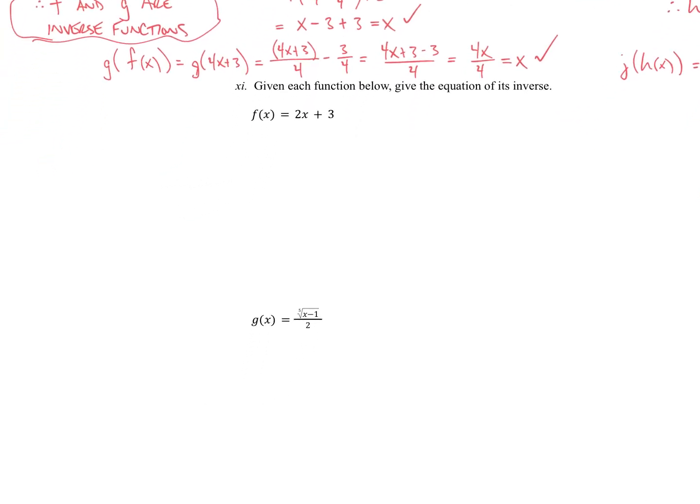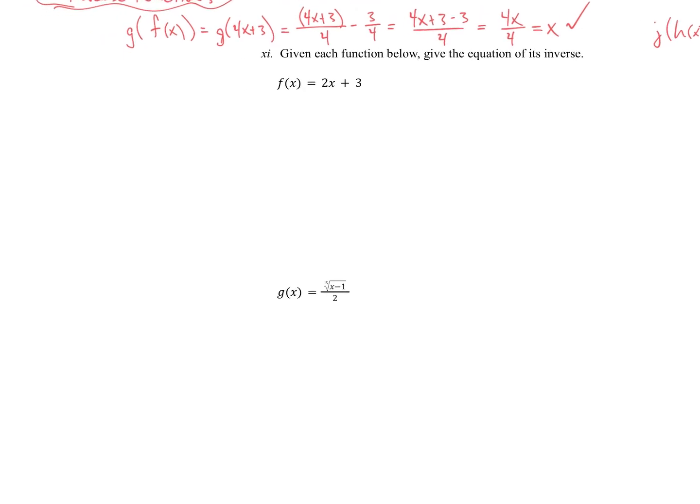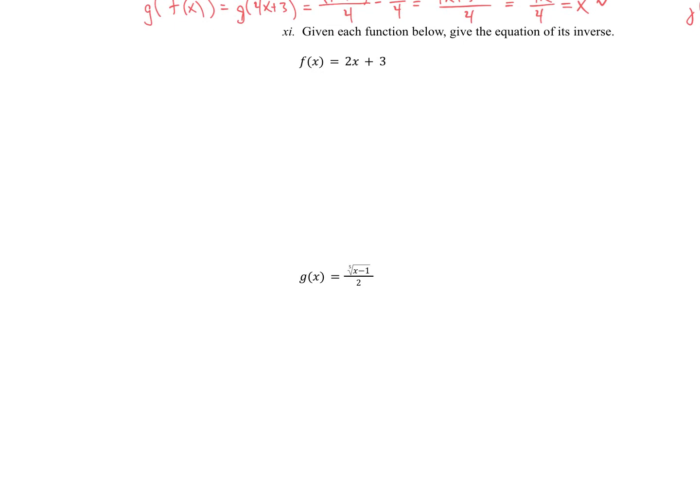The second part of this lesson is figuring out what the inverse of a function looks like if you're given that original function. And so in order to figure out what those equations are going to be, we need to remember that the inverses flip your domain and your range.